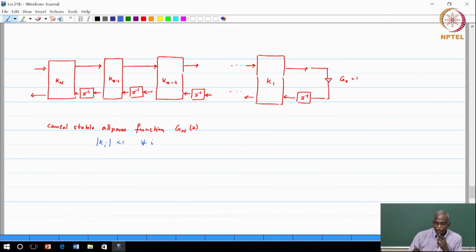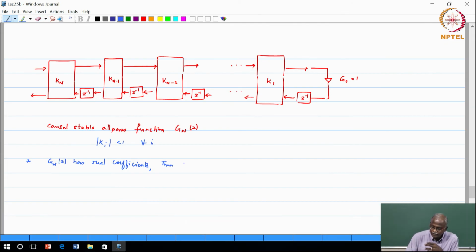We can also show the following, again a trivial extension, I am sure you can do that. If Gn of z has real valued coefficients, then Kn, which is a ratio of two of the coefficients of the polynomial, will also become real.